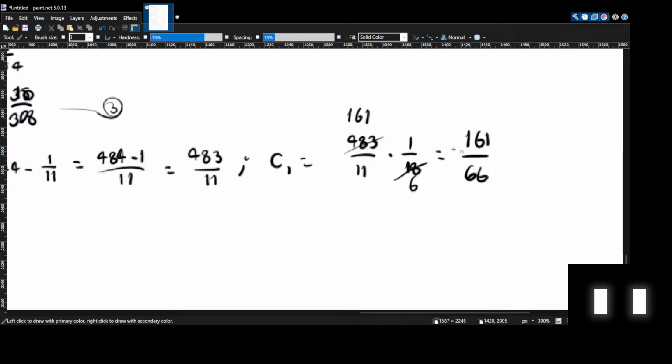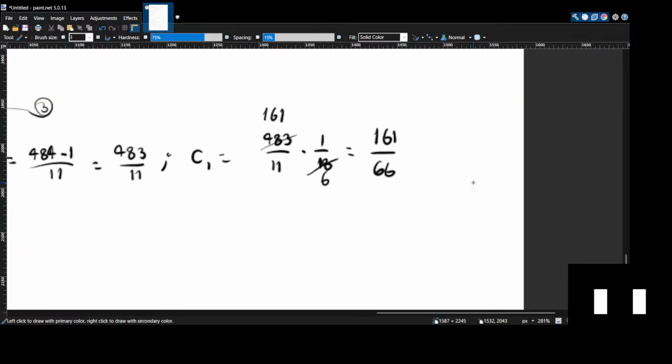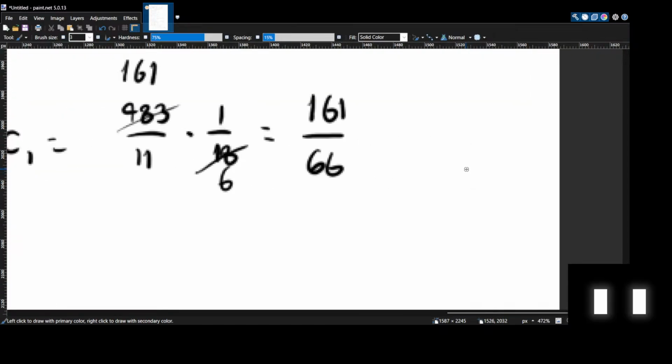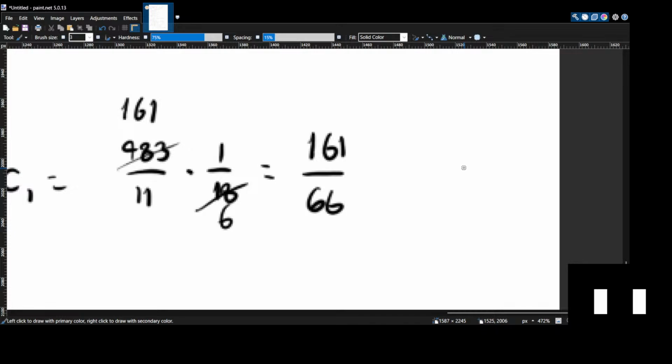Who came up with this? 161, what's 161? 161 is not divisible by 3. It's divisible by 7, but down here it's not.